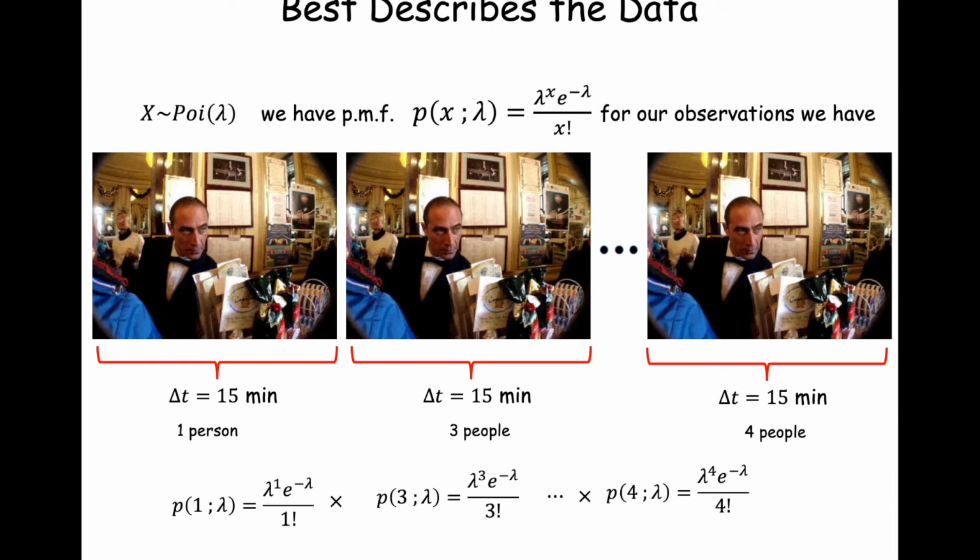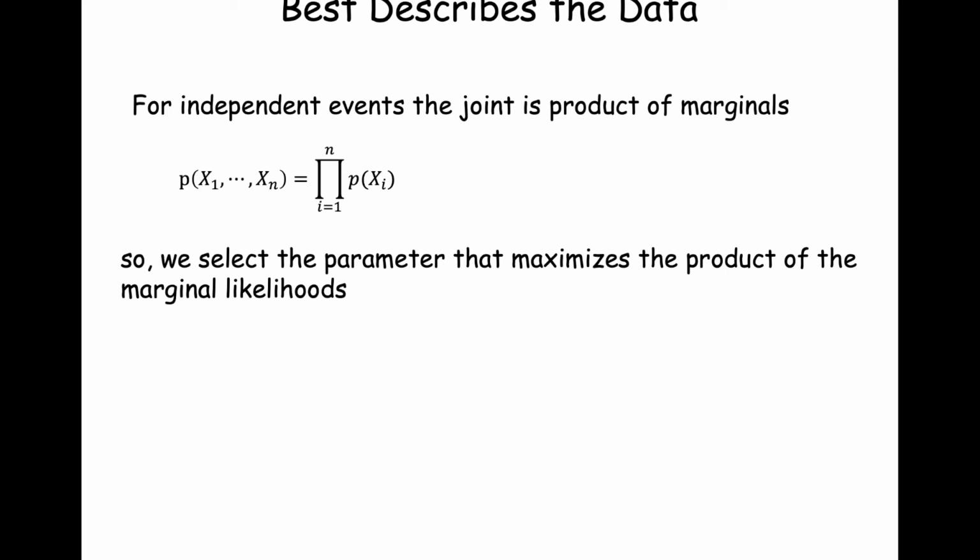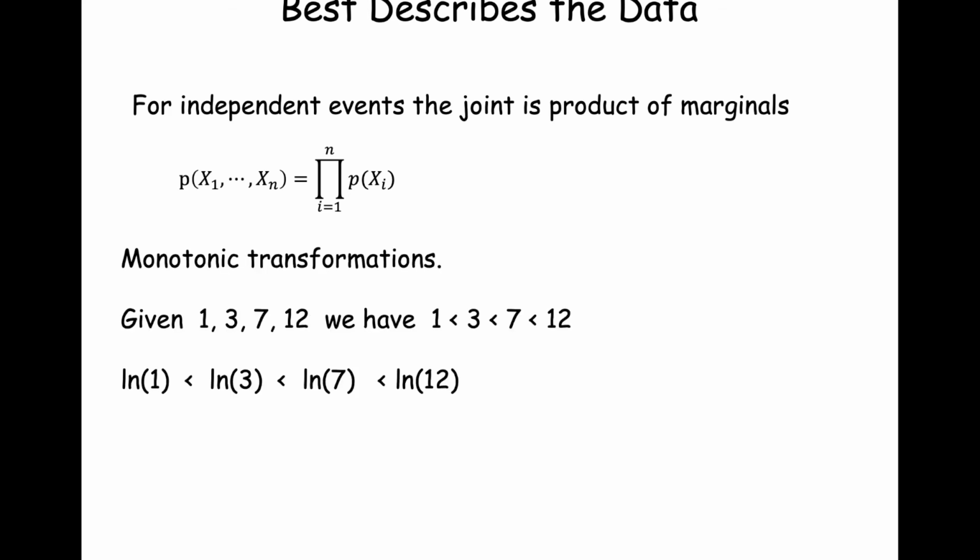We're going to multiply them all together, and whatever value of lambda maximizes this product is going to be our best Poisson distribution. And so this is the product of probability of single observations, which are our marginals. And so now we're going to select the parameter lambda for the p of x that maximizes the product of the marginal likelihoods.